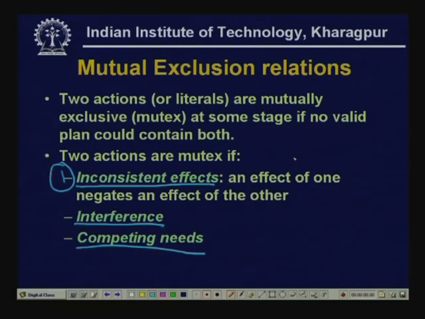So, two actions A1 and A2 are mutex, they cannot occur together, if an effect of one negates an effect of the other. Suppose the effect of A1 is P and the effect of A2 is not P. So, these two actions cannot come at this level of any valid plan.